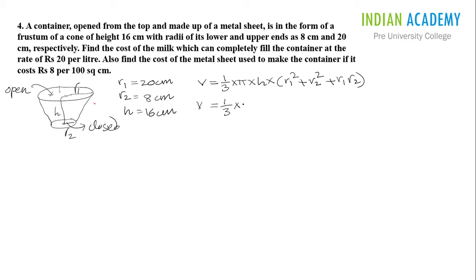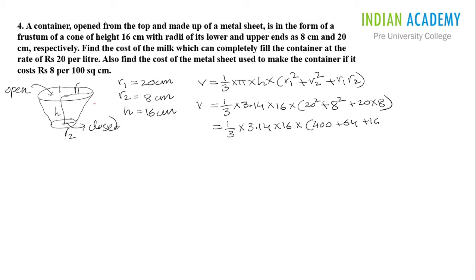Approximate value of pi is 3.14, into h is 16, into R1 squared, which is 20 squared, plus R2 squared, which is 8 squared, plus 20 into 8. If you simplify further, we get 1 by 3 into 3.14 into 16 into 400 plus 64 plus 160.